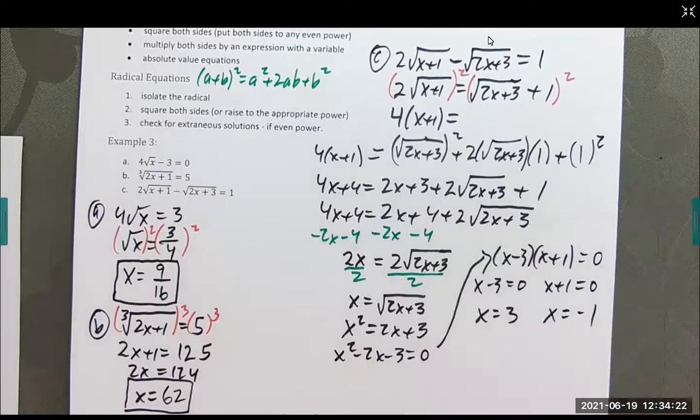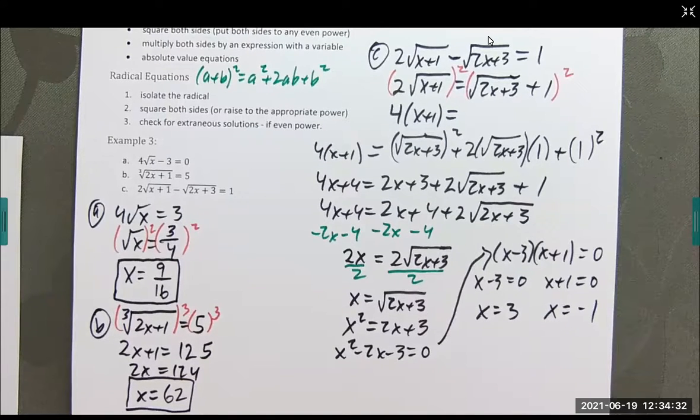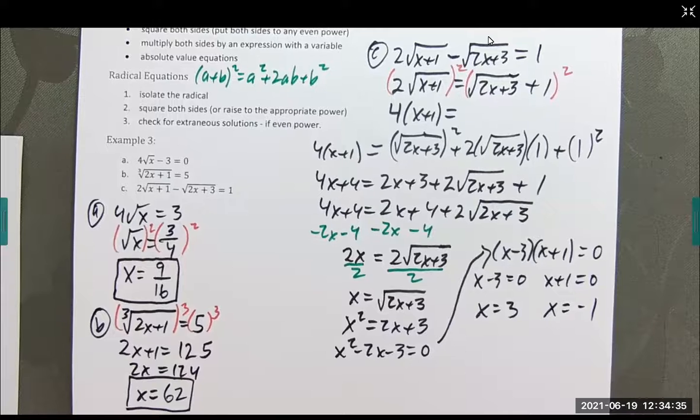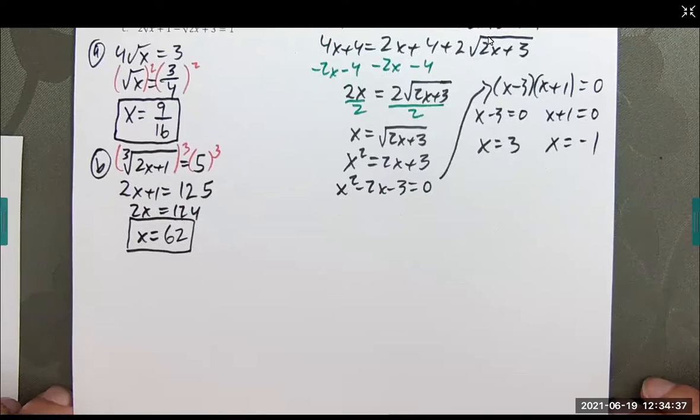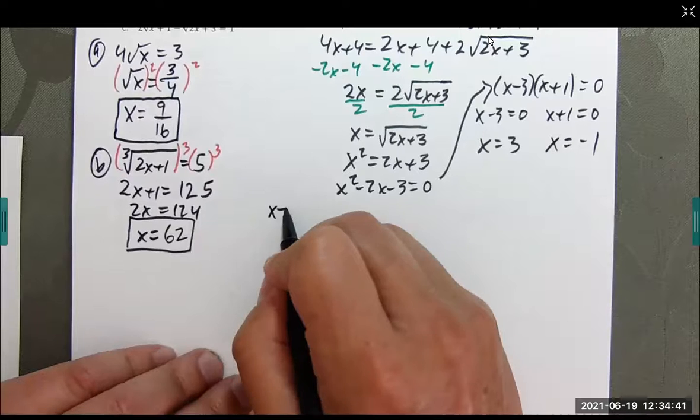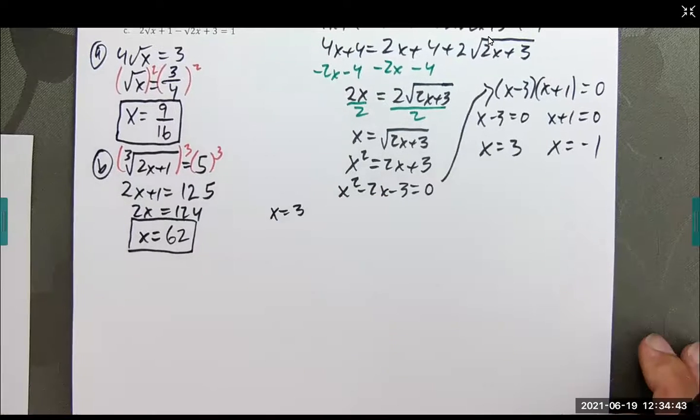Now, I have two answers. I need to check them both. It's possible both work. It's possible only one of them works. It's possible none of them work. So I'm going to have to scooch this up, and I'm going to actually work this out. So at x equals 3, let's see what we get. I'm going to plug it into here.